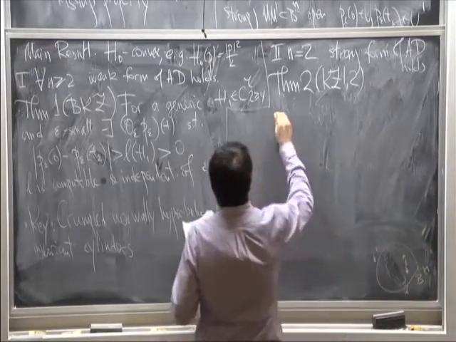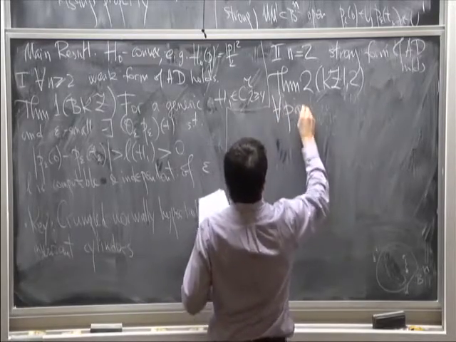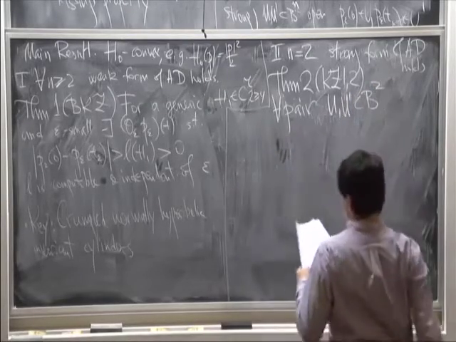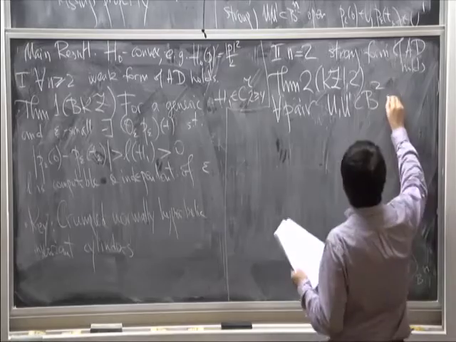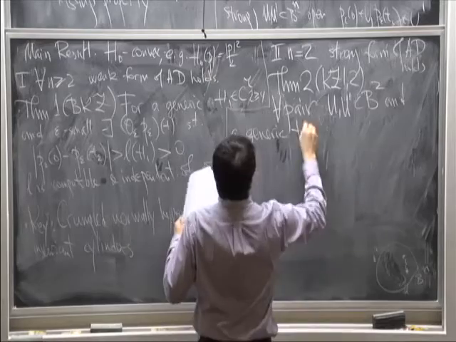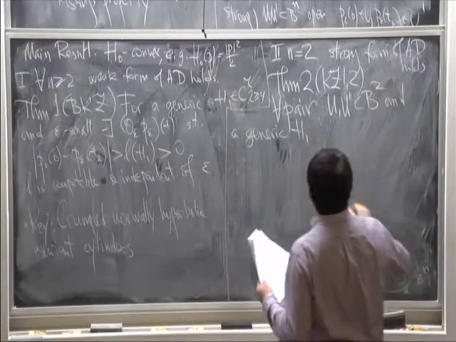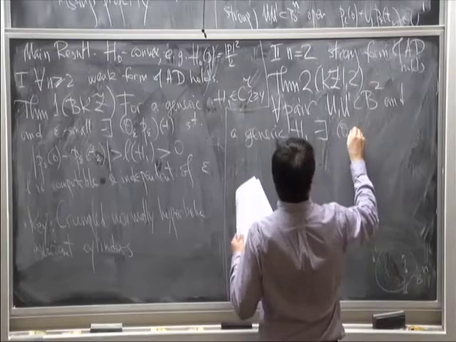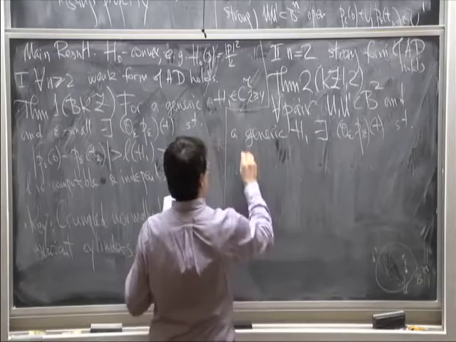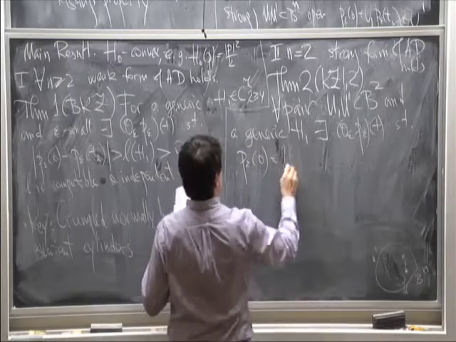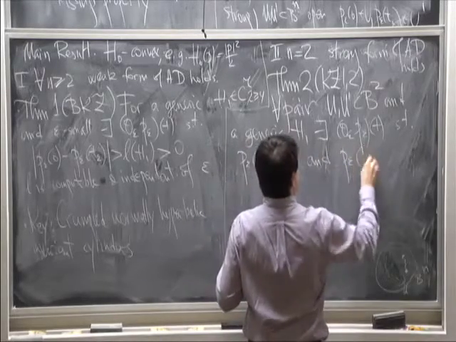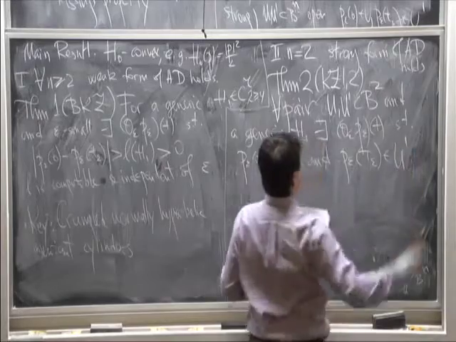What it says is that for any pair of open sets in B2 and a generic H1, there exists an orbit theta epsilon, p epsilon of t such that p epsilon of 0 belongs to u, and p epsilon of tau epsilon belongs to u prime.